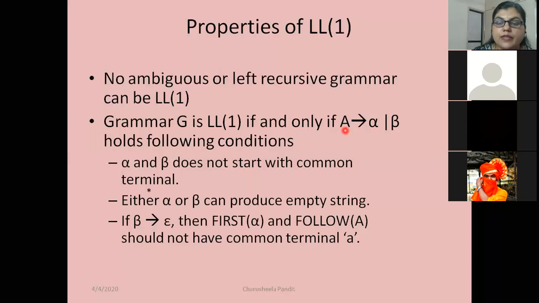Assume that A produces small b d, so alpha is small b d and beta is small b t.